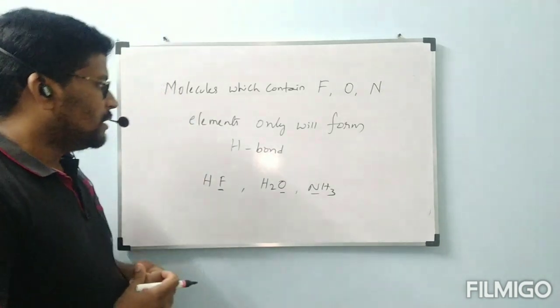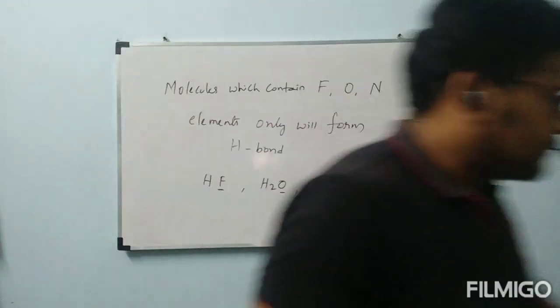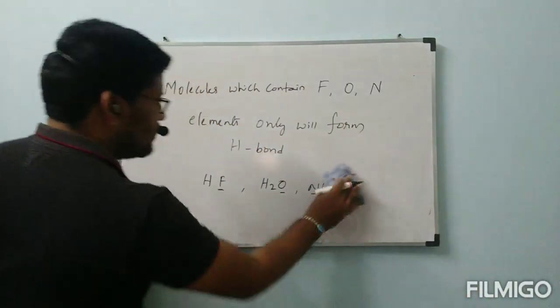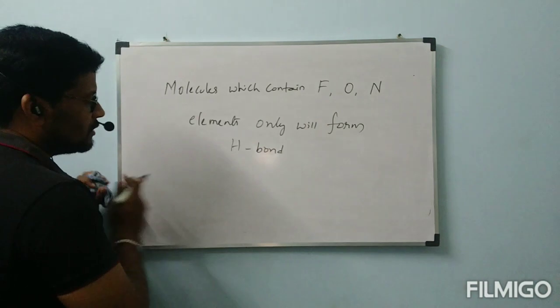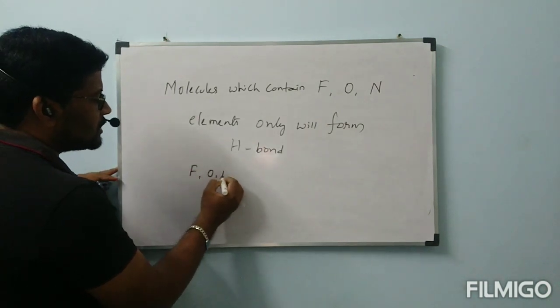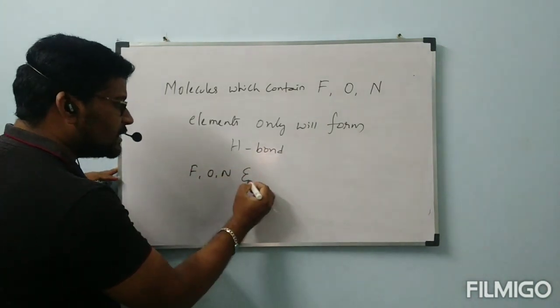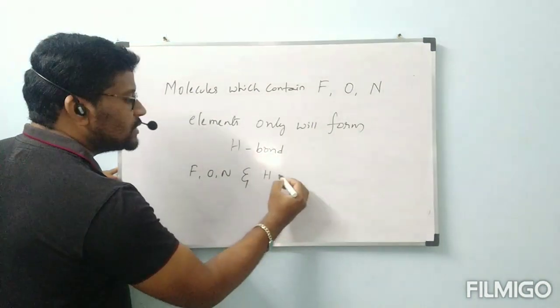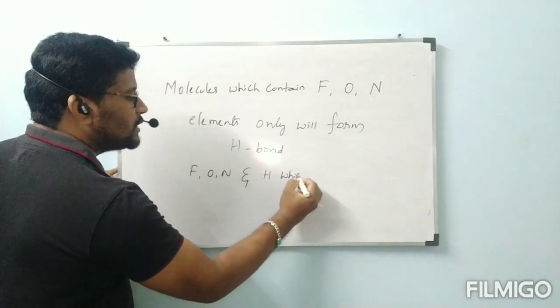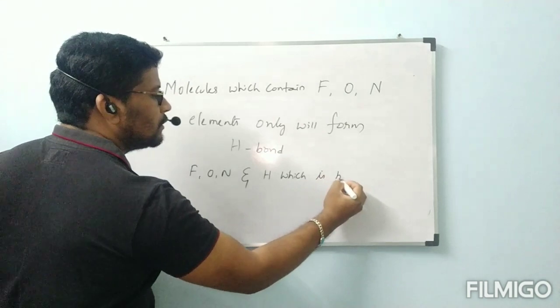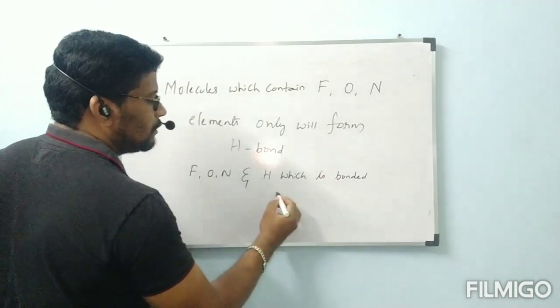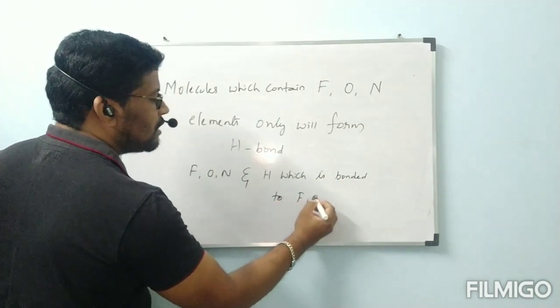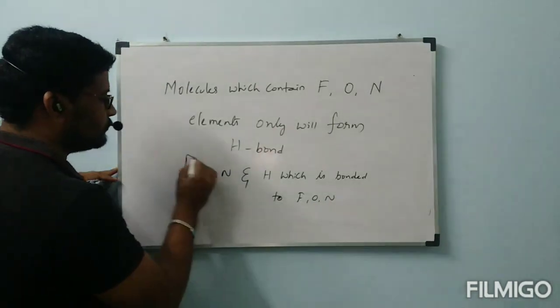Now, what is the condition to show hydrogen bond? To form the hydrogen bond, fluorine, oxygen, nitrogen are required, and hydrogen which is bonded to fluorine, oxygen, nitrogen.